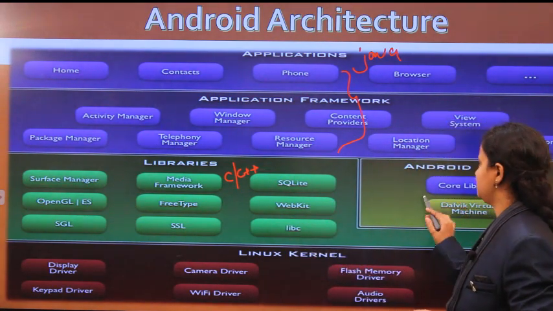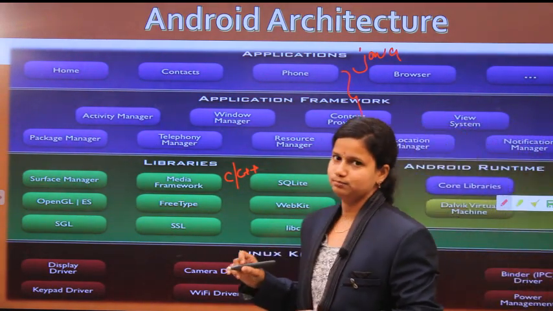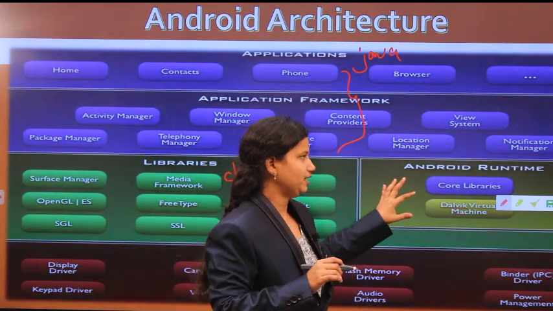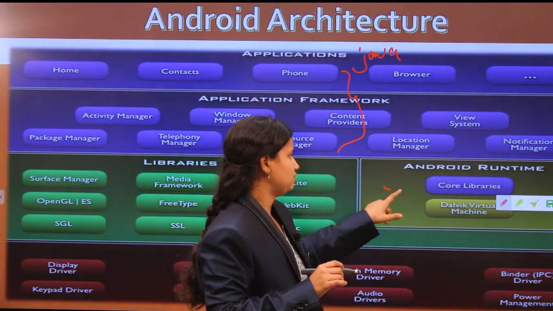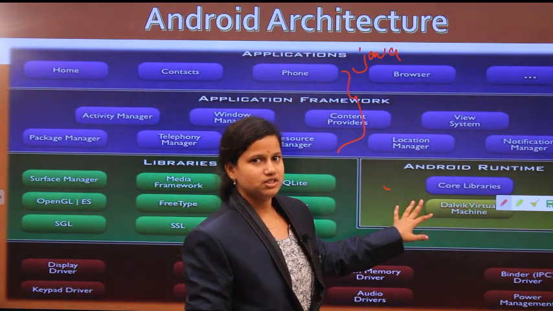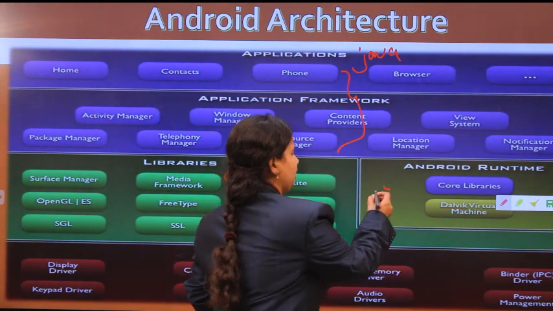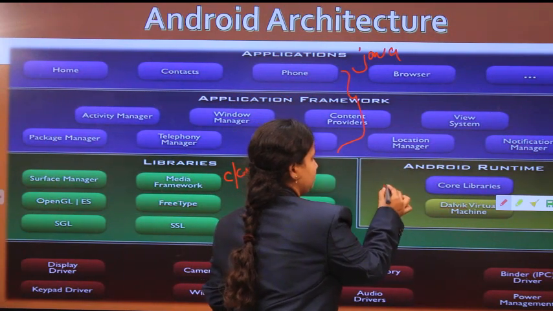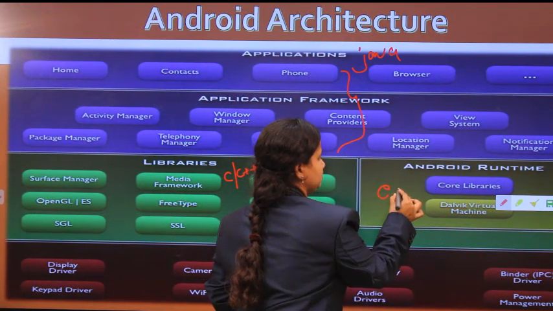And the fourth section is the Android runtime. The Android runtime contains two things. The first one is the core libraries and the second one is the Dalvik virtual machine. These two are also developed in C and Java.